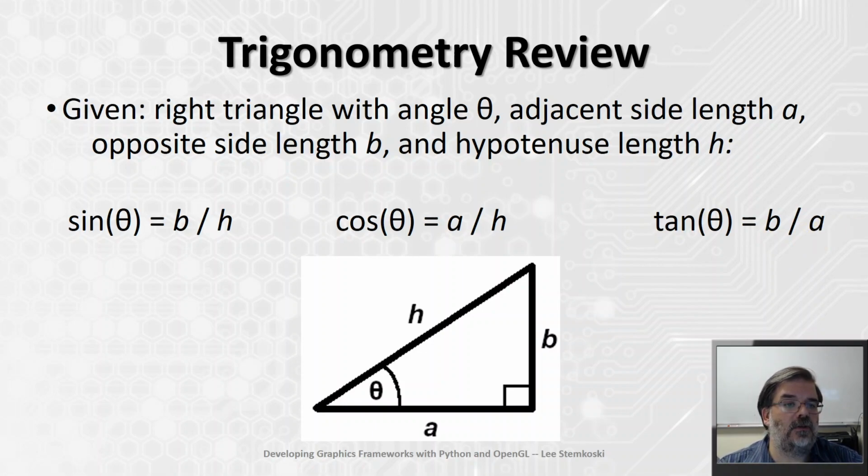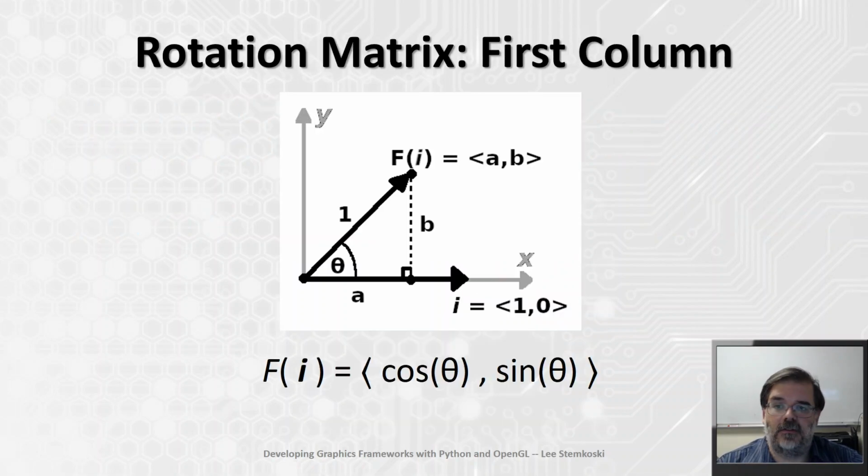So let's keep those definitions in memory, and let's start to figure out what rotation does to the basis vectors. So first, let's consider the basis vector i. And that's the vector (1, 0), since we're working in 2 dimensions. What we'd like to do is rotate that vector up to this new position, f of i.